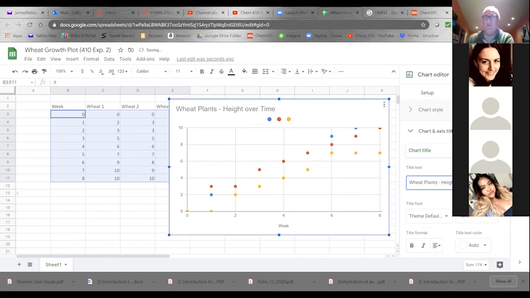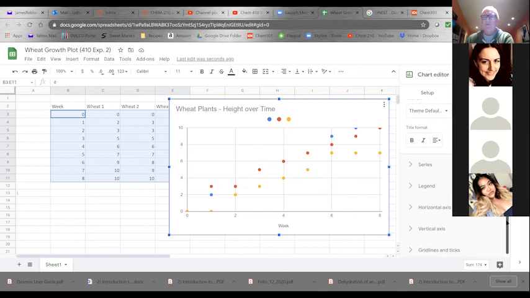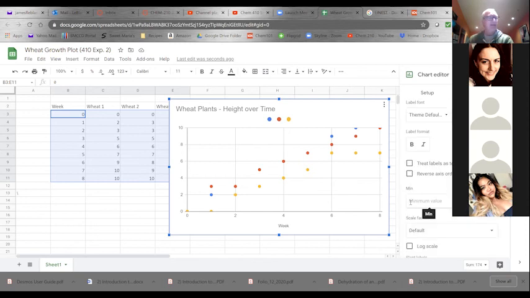And it goes right in there. You can change the fonts and all that kind of stuff. And we can change the axes. We can label the axes right here.